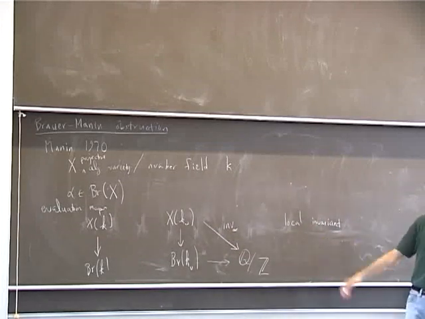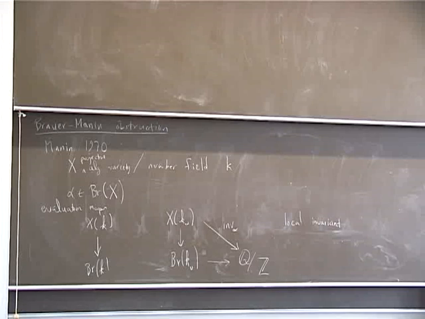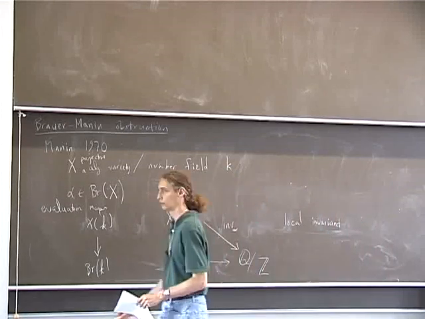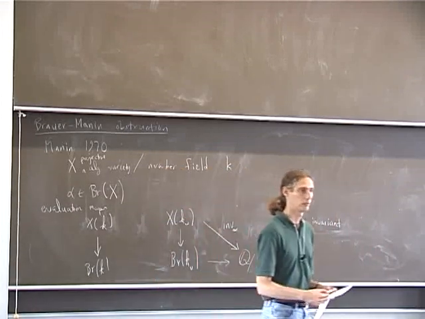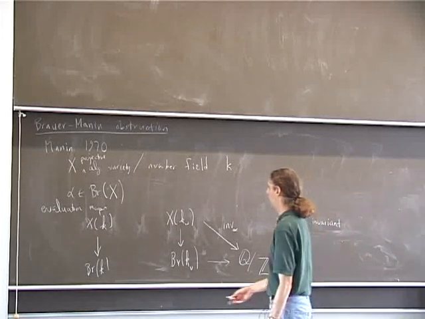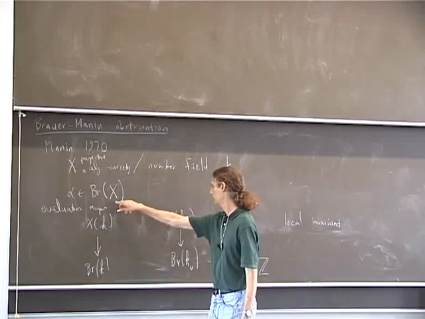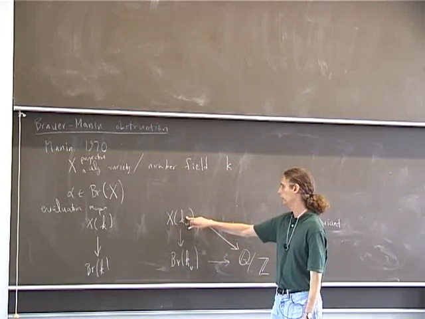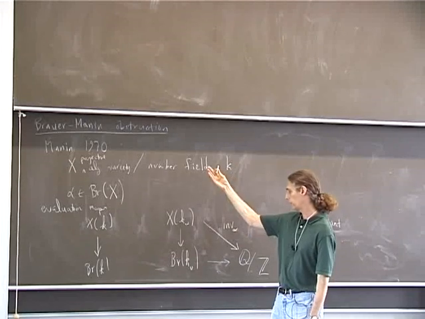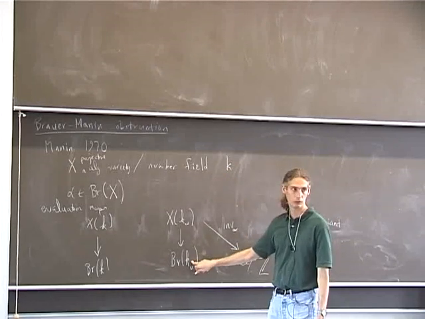So let's recall there was an exact sequence characterizing the Brauer group of a number field. Well, alpha lives in the Brauer group of X. So if you have a k nu point, then you restrict alpha to that point, and you have an element of the Brauer group of k nu.